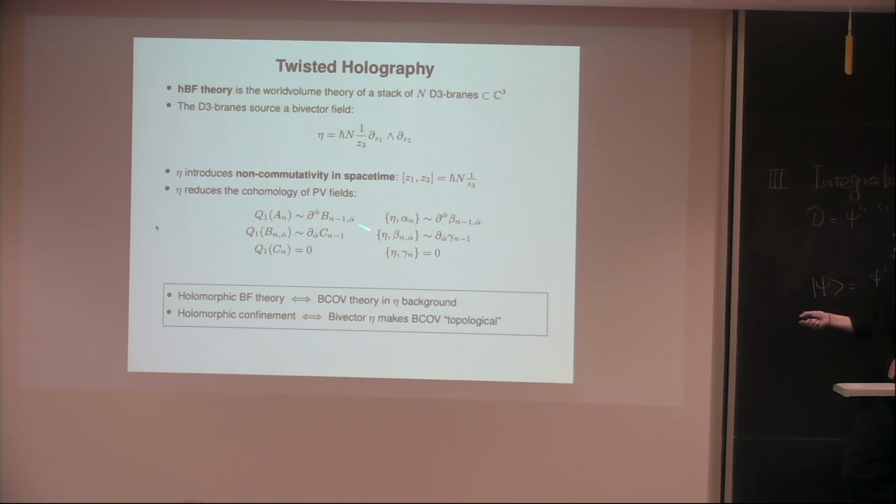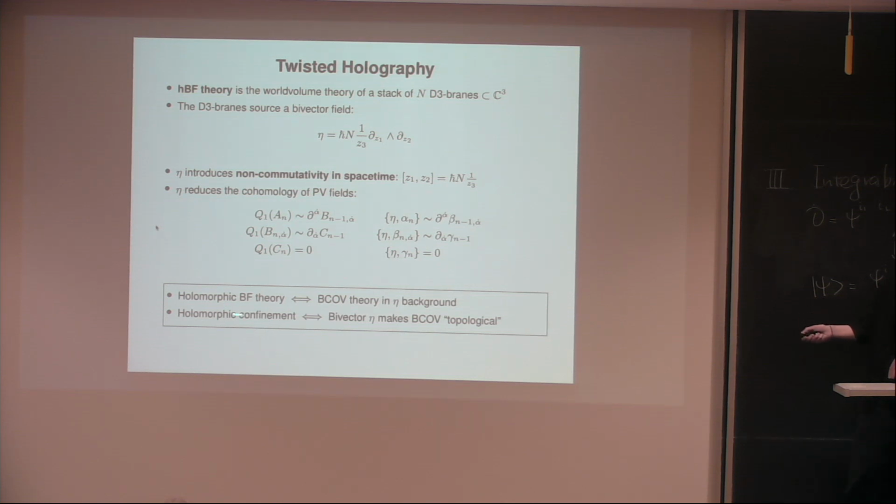Okay, so to summarize, we conjecture that this holomorphic BF theory is dual to the BCOV theory in this bivector background. Okay, so this bivector introduces non-commutativity in the spacetime.